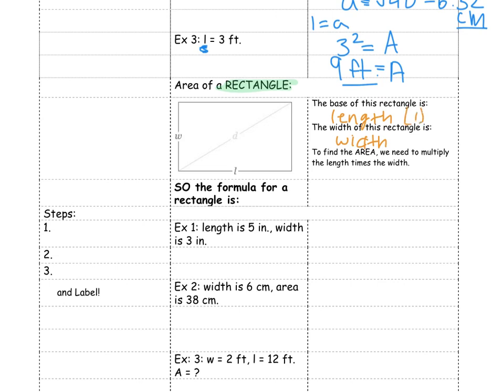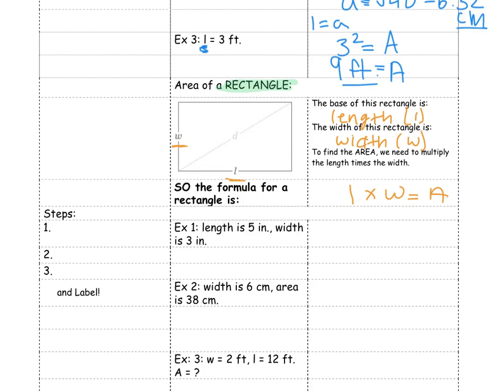Or L for length, W for width. So to find the area, we need to multiply the length times the width, or L times W equals area. The area of a rectangle is length times width.